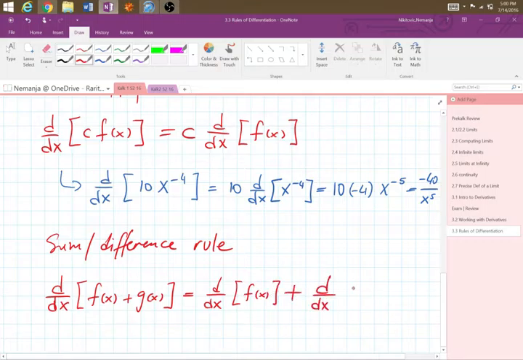Now this is a big rule, very important rule, because this allows us to actually take derivatives of more complicated functions, and we take that term-wise. So each term is its own problem. And if you have a minus, there will just be a minus over there.